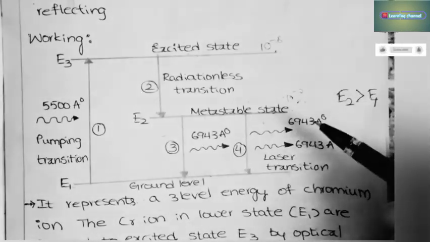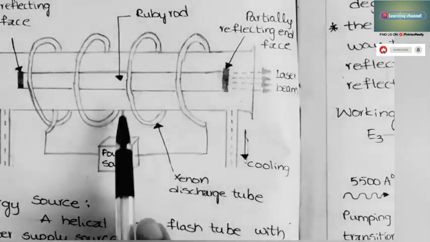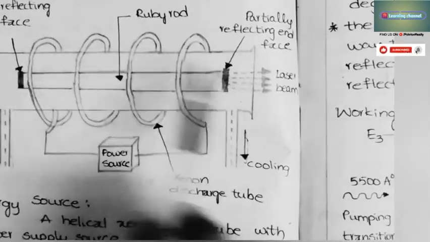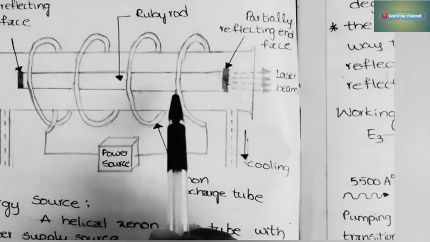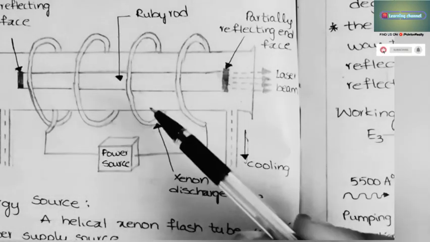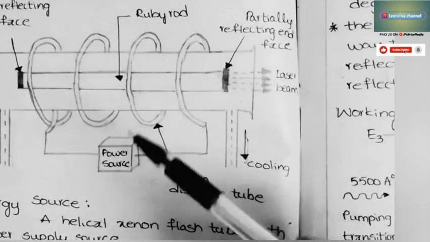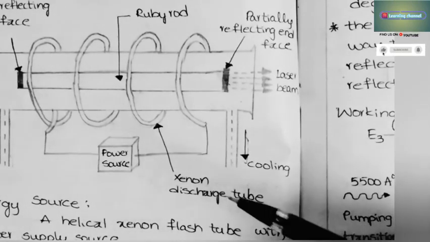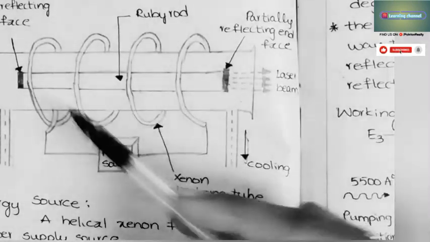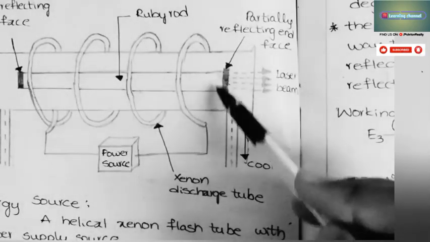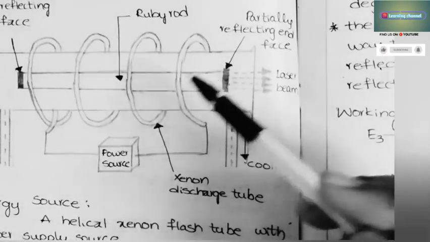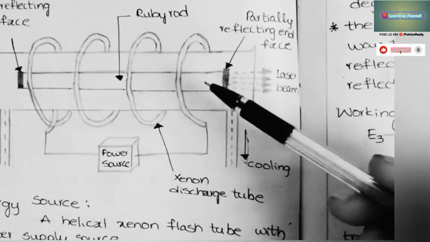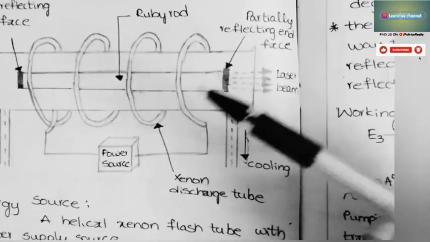Now what does this photon do? This photon moves back and forth, this side to this side, and it triggers another chromium ion to do the stimulated emission. First, a photon is released due to the spontaneous emission. This photon moves back and forth in the ruby rod and triggers another chromium ion to do the stimulated emission.